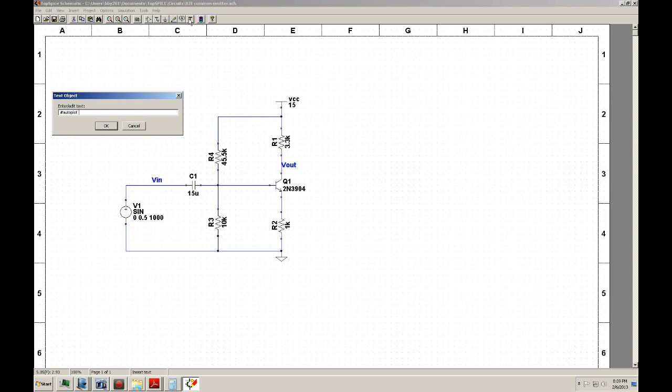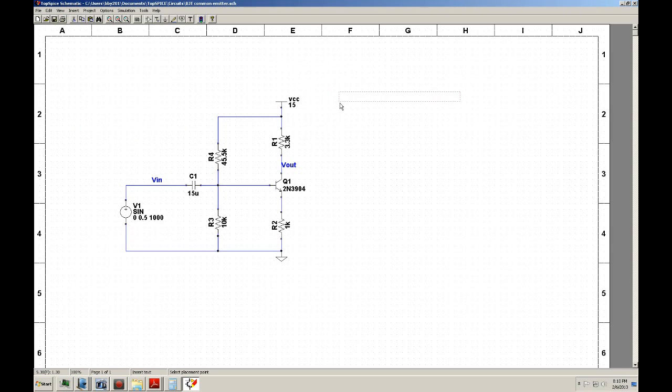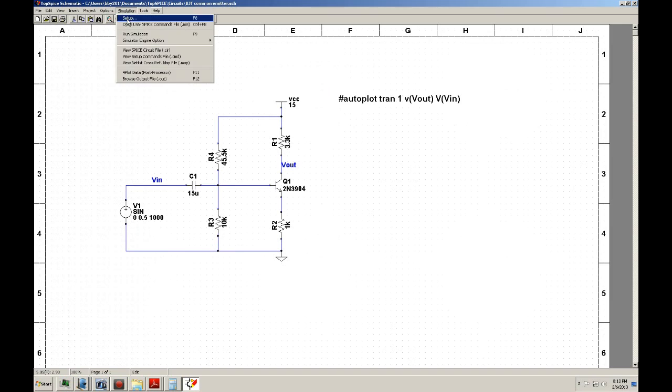Auto plot. And then it's a transient, plot 1. And we're going to V. It's supposed to be trans. That means when we go to simulation, we have to check the transient analysis. Let's see. So there's the statement.